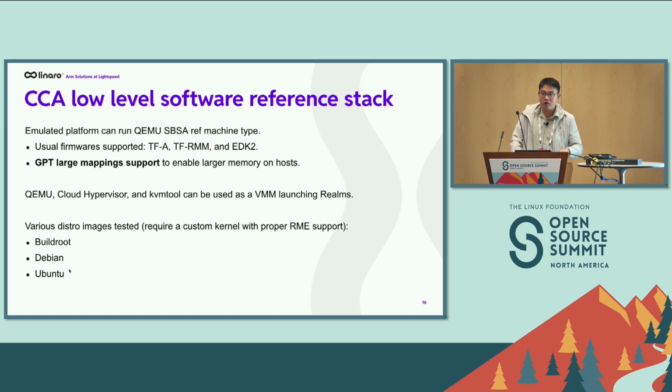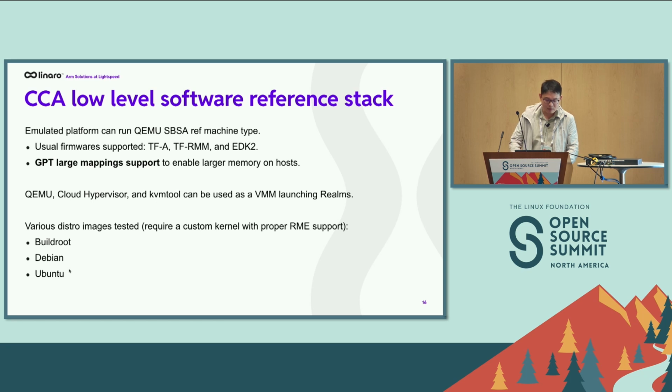Okay, so apart from Qemu virt, we have also done something with the Qemu SBSA reference. The Qemu SBSA reference is a platform Qemu model which emulates more complicated board-related features than Qemu virt, so it is much easier for hardware designers to do testing, for example ARM SystemReady testing.